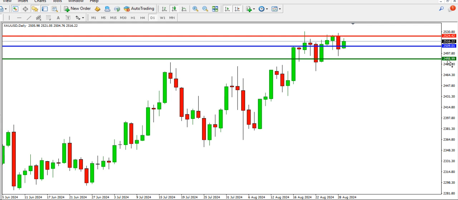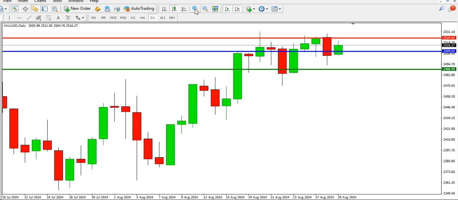For today, gold on the daily time frame opened below the pivot line. You can see gold has crossed above the pivot line. The price almost tested 2524.42, which is the first resistance. Mind you, we have the first support at 2488.99.